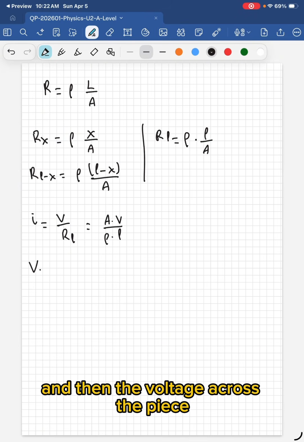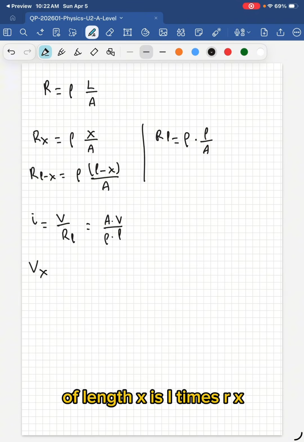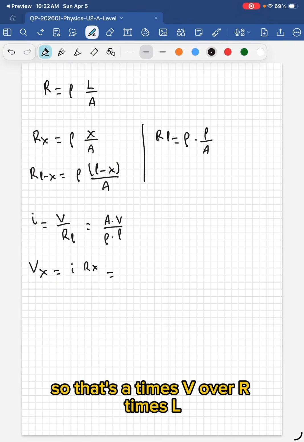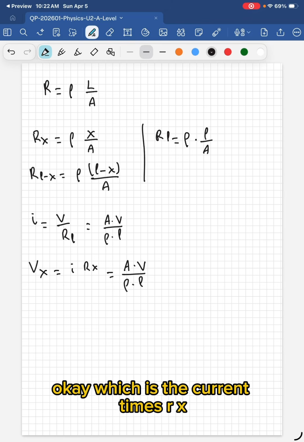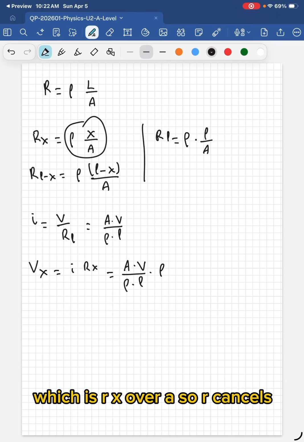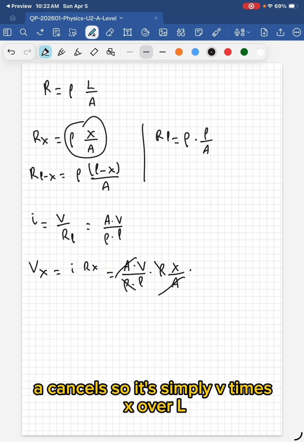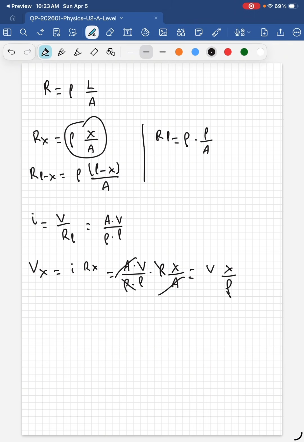Then the voltage across the piece of length x is I times R_x, so that's A times V over rho times L, which is the current, times R_x, which is rho x over A. So rho cancels, A cancels, so it's simply V times x over L.